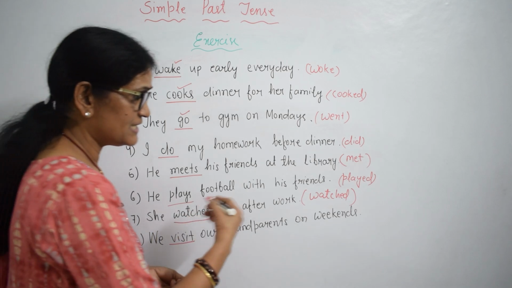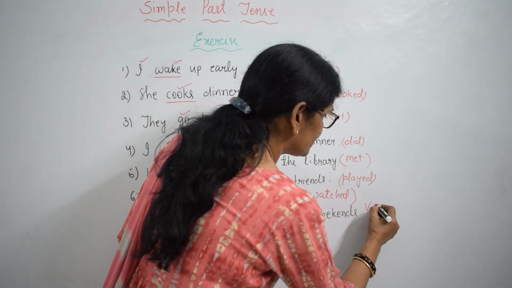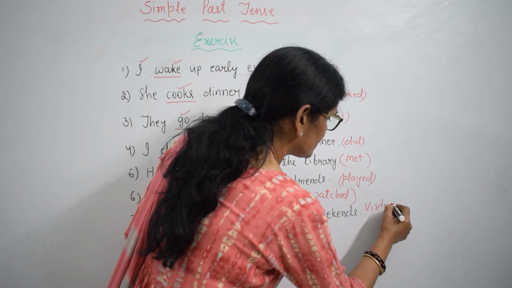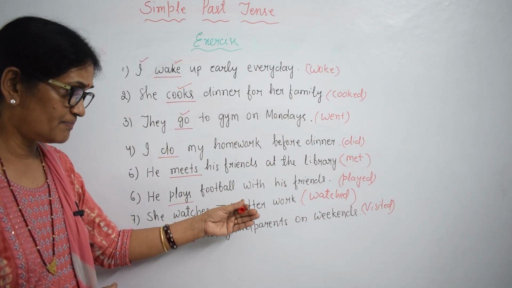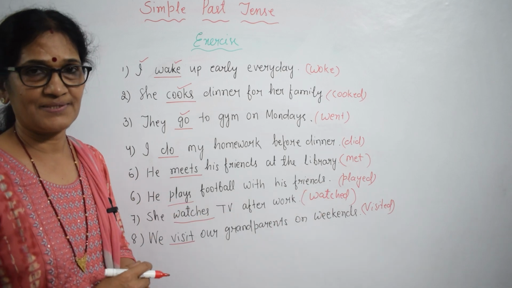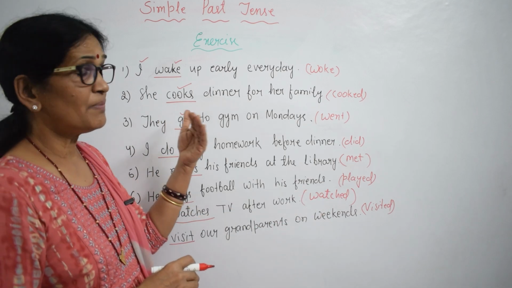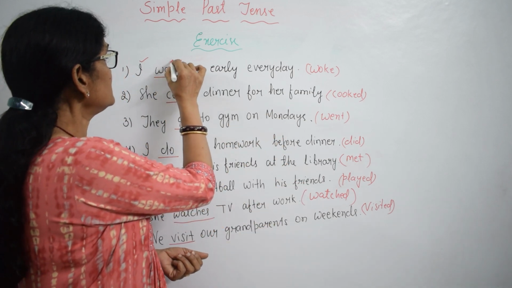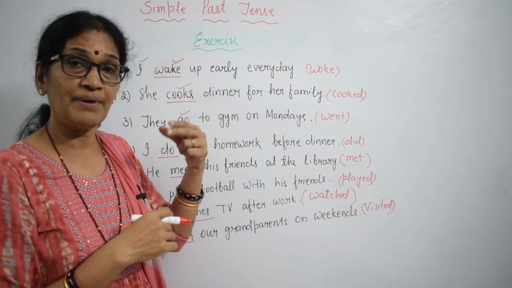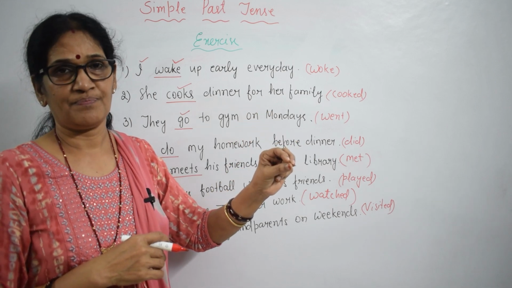Present form of the verb. Its past form is visited. That means we visited our grandparents on weekends. When you change a simple present sentence into simple past, we only change the main verb. We should change the main verb into the past verb.